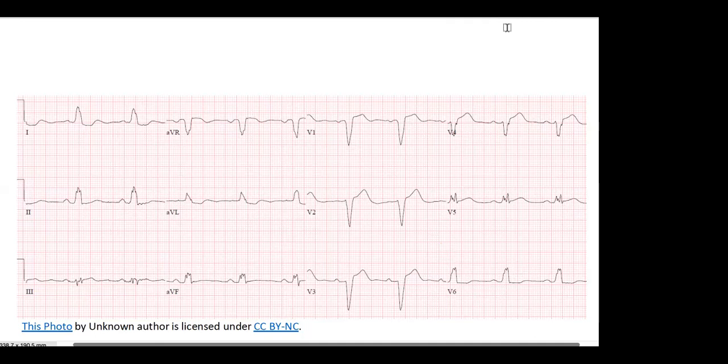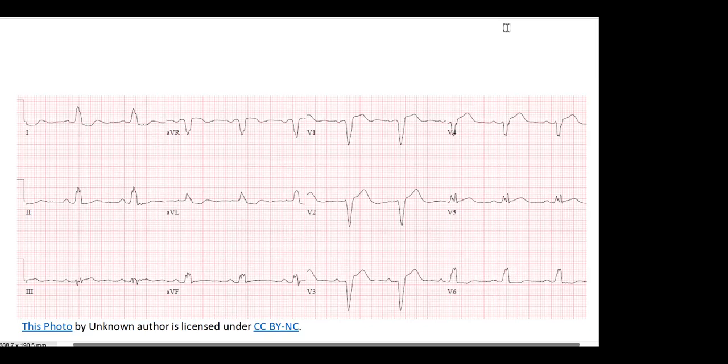Then it looks more of an M shape, or notch. And then in V5, the same thing is prolonged, and it's more of the W form.